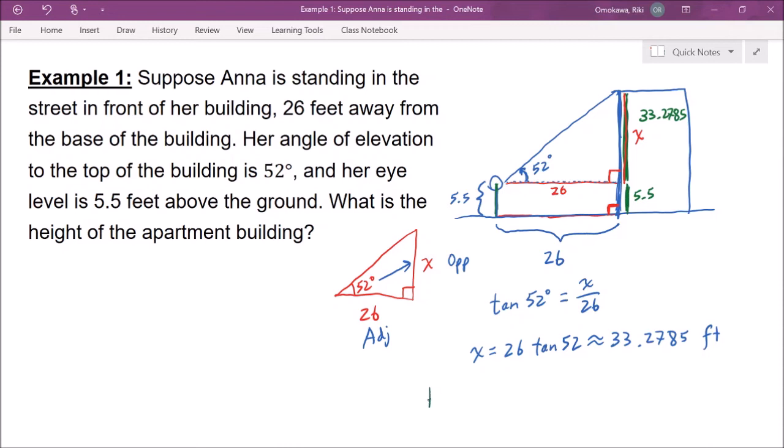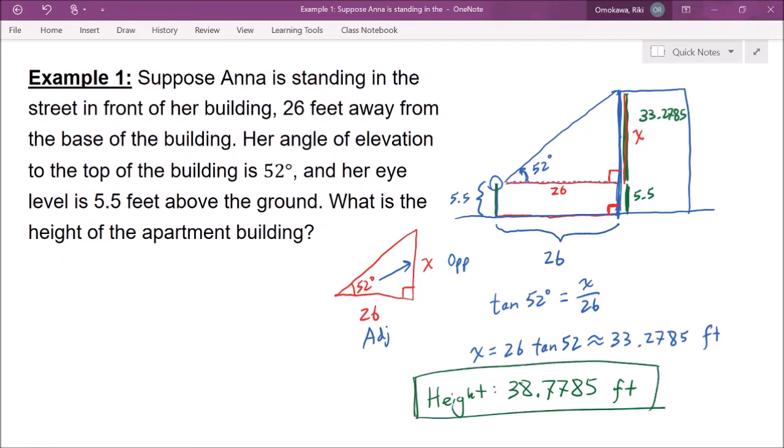So the final answer, the height of the building, is around 33.2785 plus 5.5 for a total of 38.7785 feet. And that is the final answer, because that's the height of the building.